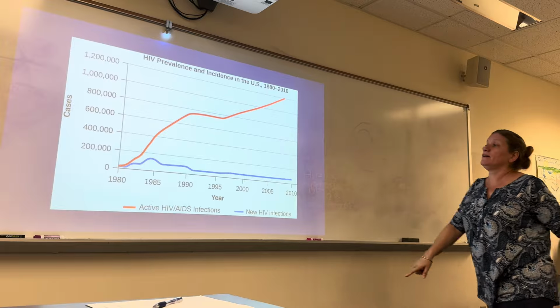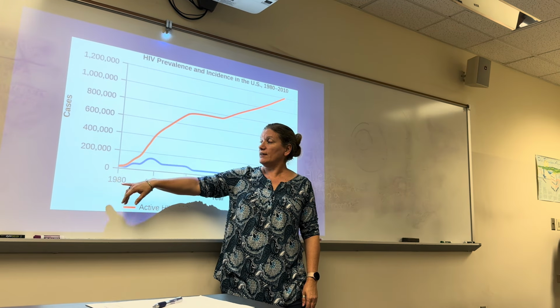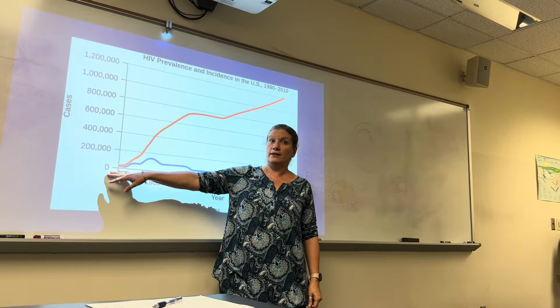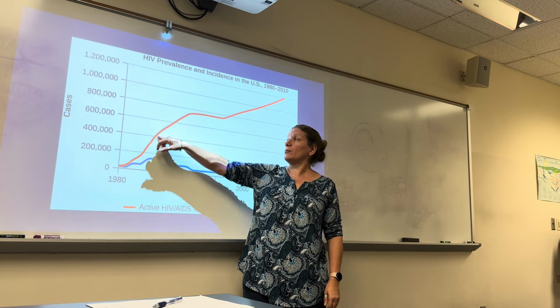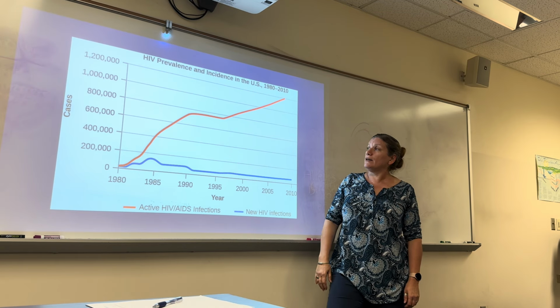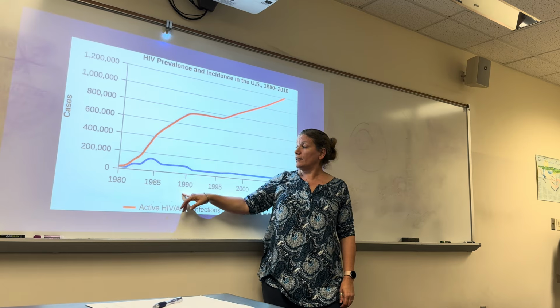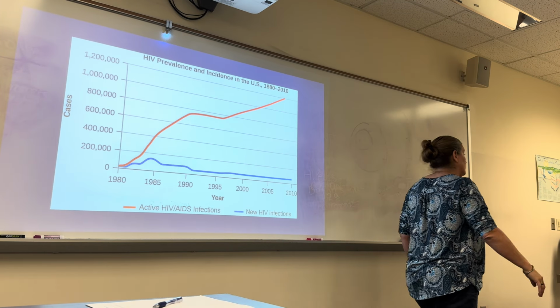So we first started seeing HIV cases in the early 1980s. Okay, it was all new, right? And we saw a pretty quick incline after that. As when we hit about the 1990s, we're seeing it stabilize. Okay.